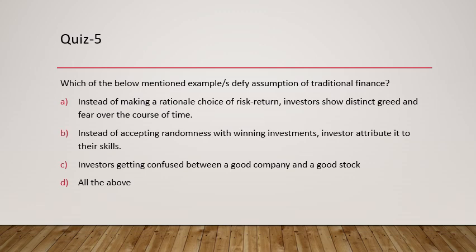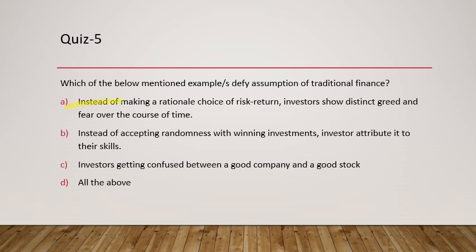Which of the below mentioned examples defy the assumption of traditional finance? Now we have multiple examples given in the question. So what defies the assumption of traditional finance is what we have to find out. Instead of making a rational choice of risk and return, investors show distinct greed and fear over the course of time.